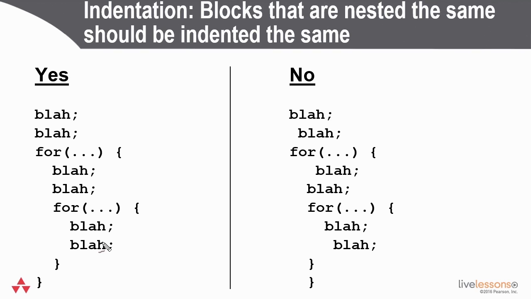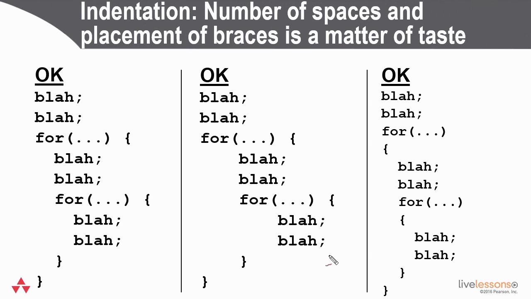So it would be considered wrong to have 2 statements that are indented differently when they're not nested differently. That would be considered wrong, and that would be considered wrong. Okay, those are 2 points that all Java programmers agree on. When you start a block, you should indent. You should indent consistently. You should only change your indentation level when you change your nesting level.